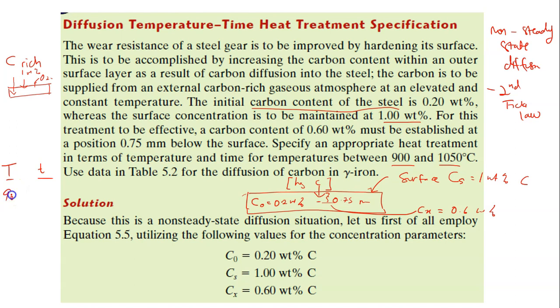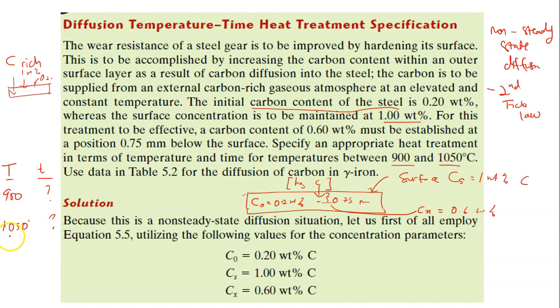At temperature 900 and at temperature 1050 degrees Celsius, what would probably be the time at each of these temperatures? Meaning when the diffusion process is happening at 900, what is the time taken for the atoms to diffuse up to 0.75 millimeter down the surface of the steel to actually achieve 0.6 weight% of carbon content?